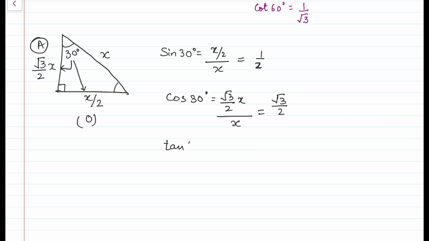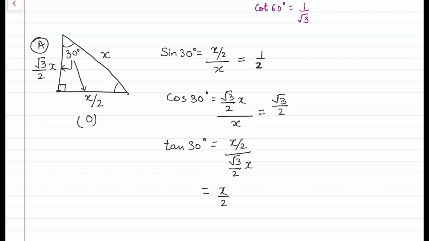Then we do tan 30 degree, and tan 30 degree is, sorry, opposite over adjacent. So opposite is x over 2, adjacent is root 3 over 2 x. Again, we are going to write it as division just to make simplification easy.